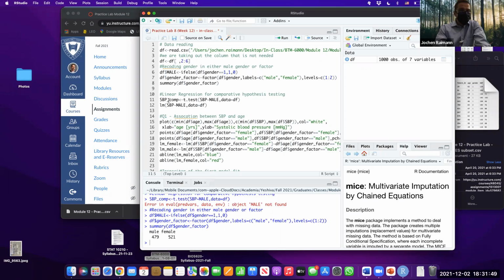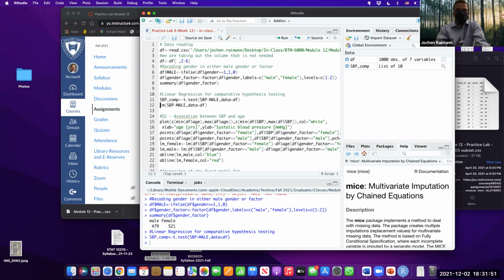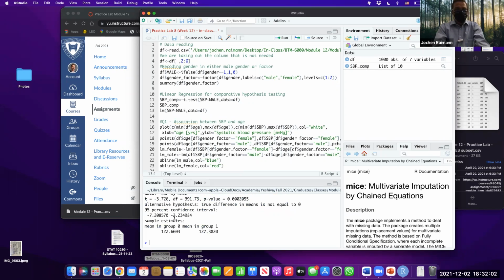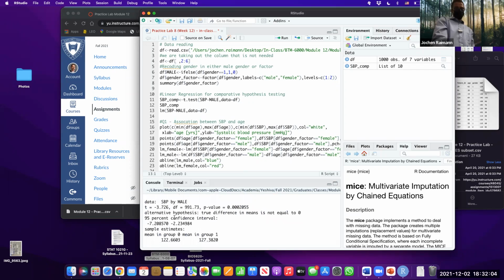Now we're comparing the blood pressure between males and females. Running this gets us to the difference. The t-test shows us that the blood pressure in males is higher than it is in females, by around 5 millimeters Hg.